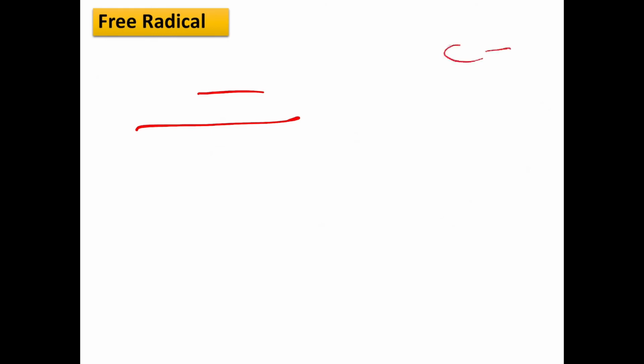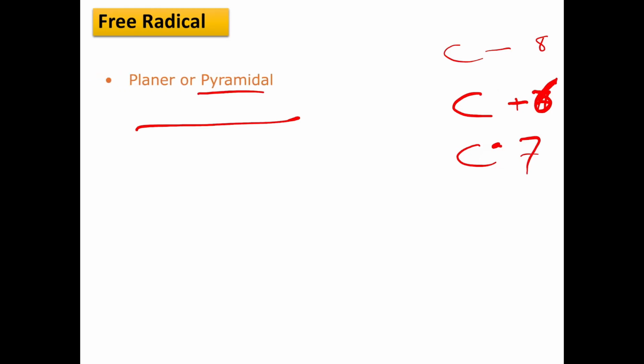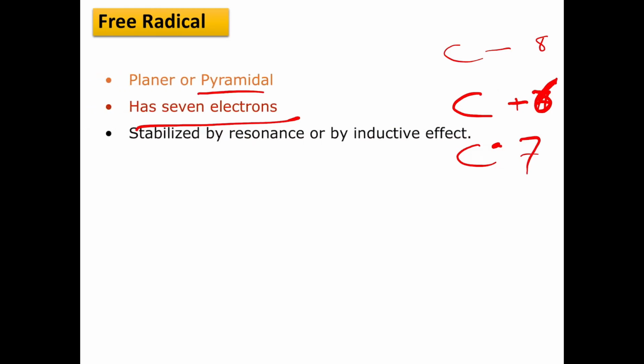So C negative 8 electrons, C positive 6 electrons, C radical 7 electrons. It's stabilized by resonance or inductive effect.